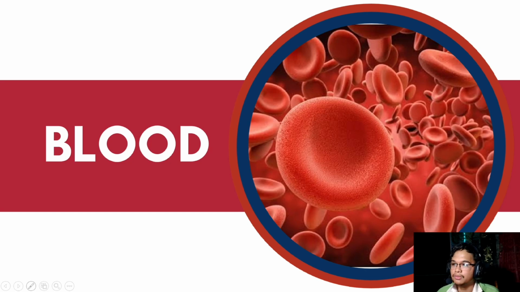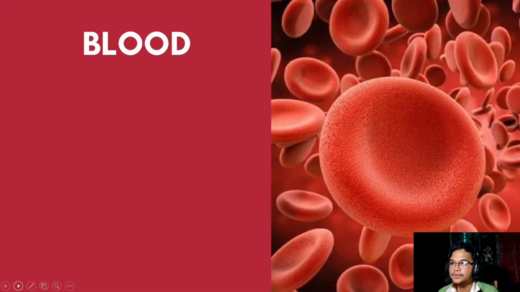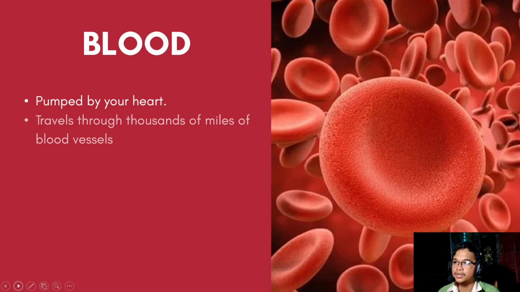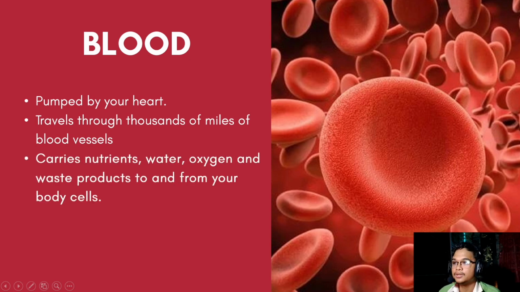Next is the blood. We'll go to the last component of the circulatory system. So, what is the function of blood? It's pumped by your heart and it travels through thousands of miles of blood vessels. It carries nutrients, water, oxygen, and waste products to and from your body cells.